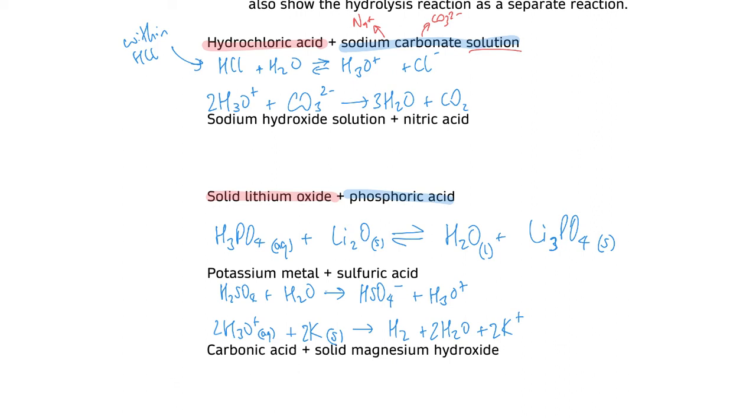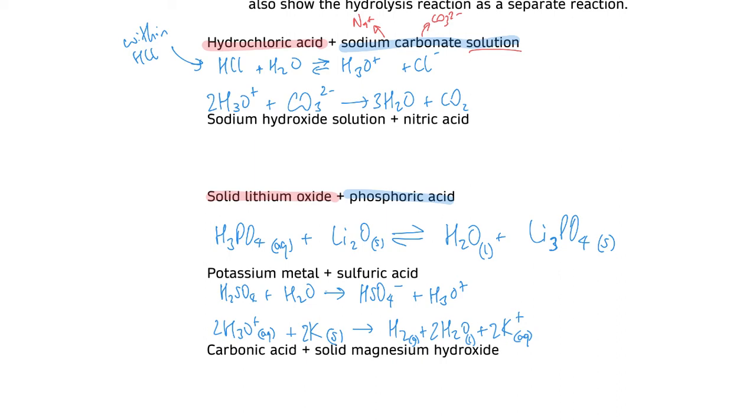So that's the ionic equation for that one, except I haven't put in states. Also, you should check that potassium sulfate doesn't precipitate, which it doesn't. Potassium sulfate, the salt that's produced, is not insoluble, so it is aqueous.